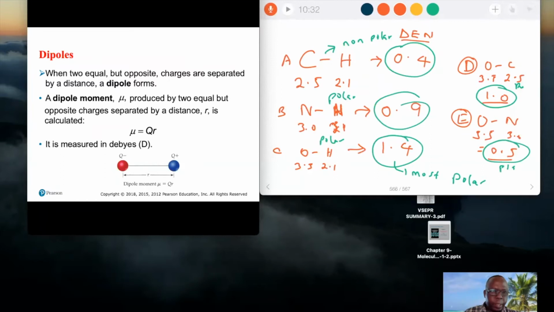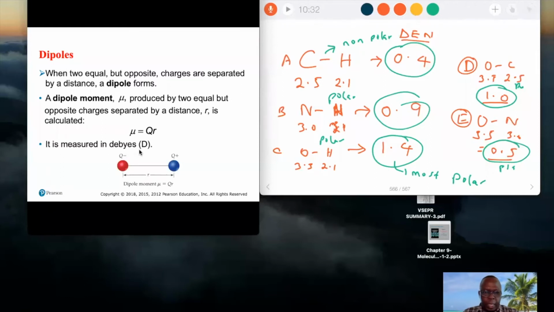We can calculate the net displacement of electron. Remember what we say, delta negative, delta positive, to indicate what we call dipole moment, which indicates the displacement of electron in a covalent bond.